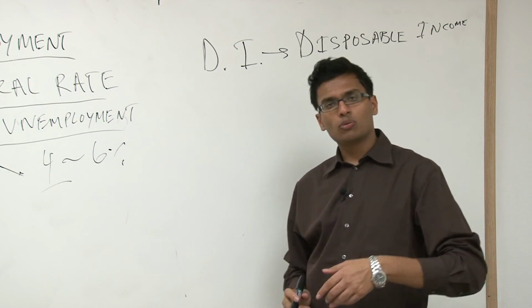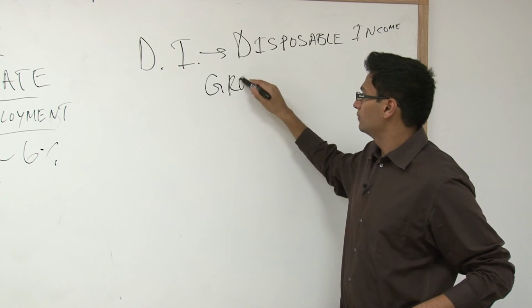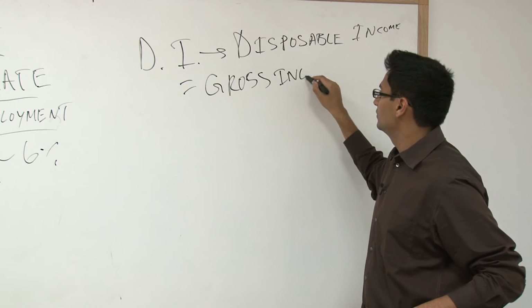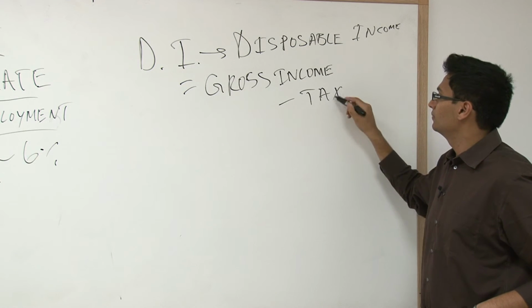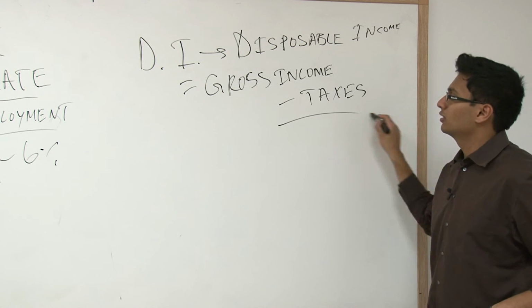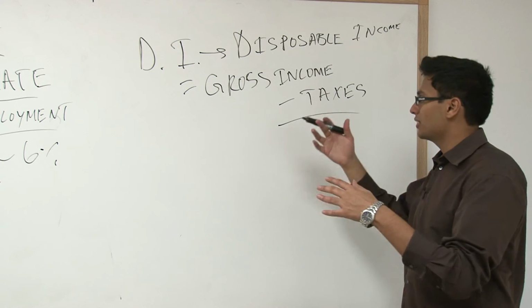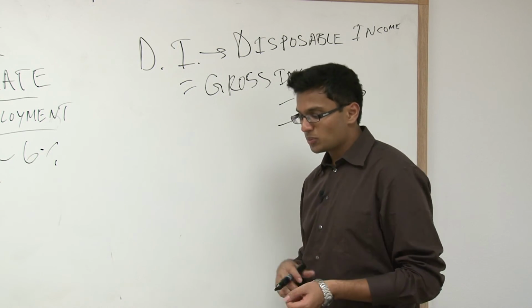Disposable income is basically what is left after taxes. So you take your gross income, right? Gross income, and you subtract the taxes and you get your DI, okay? You get your disposable income. So disposable income is your gross income minus your taxes. Hopefully pretty straightforward.